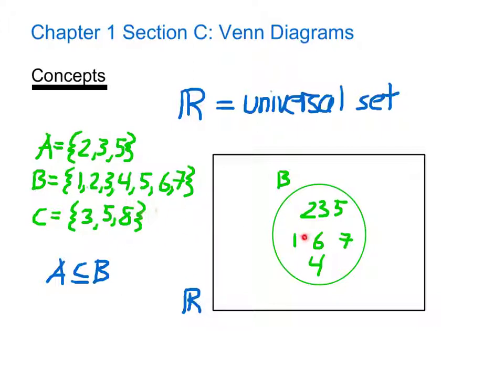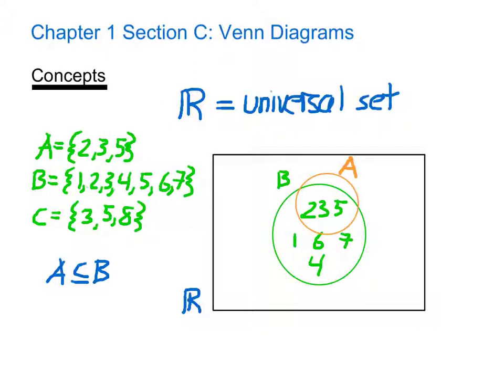So if we want to represent this on our diagram, we need to draw new circles. So let's draw another circle for set A. So here we have set A, and we notice that it includes the elements 2, 3, 5, as well as set B includes the elements 2, 3, 5.